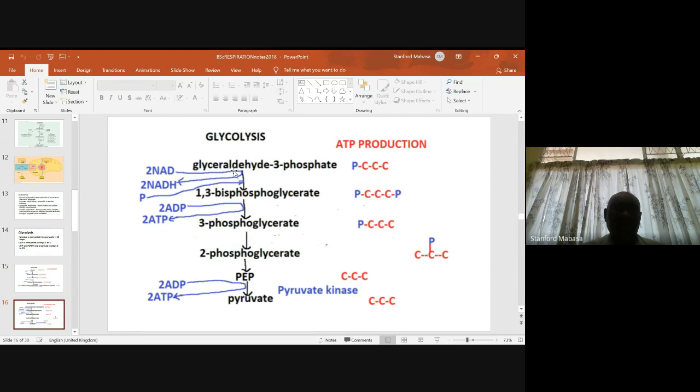So it's like we are working in reverse in the dark reaction.